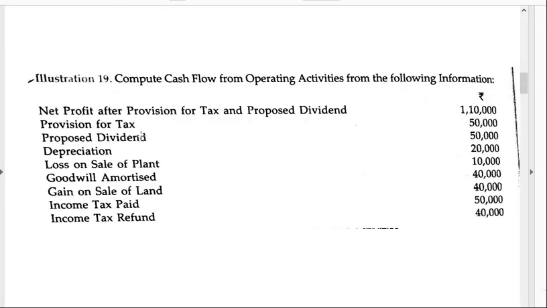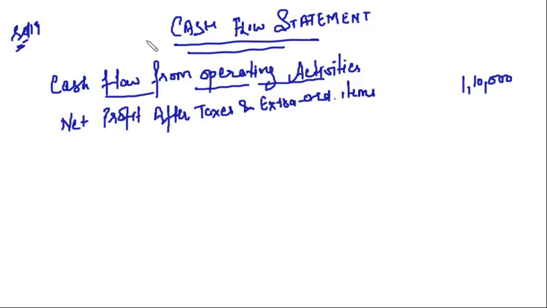It is proposed for the next period. It will be the actual cash outflow when it will be paid. Right now, it is just proposed. So we will add back provision for taxation 50,000. We will add back proposed dividend because these two items directly relate to the net profits, right?